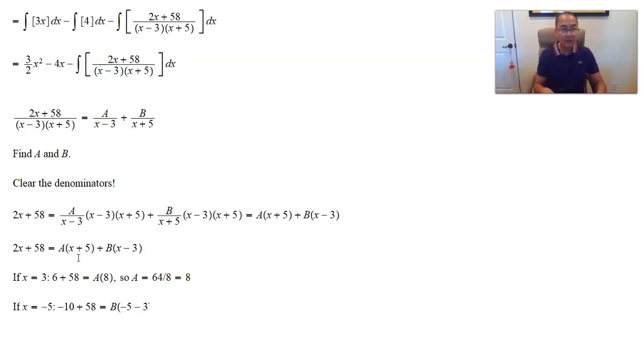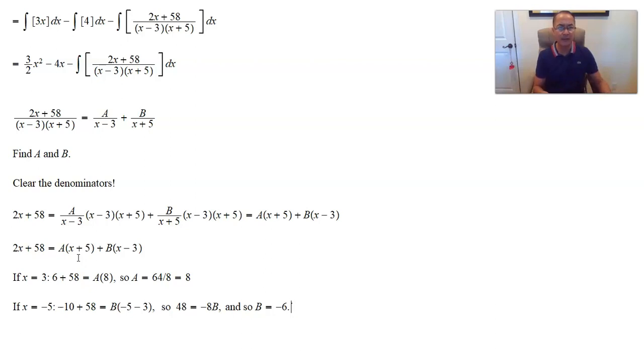Let's be careful here. 58 minus 10, so we're going to get 48. 48 equals negative 8B. And so B must be negative 48 over 8, which is negative 6.